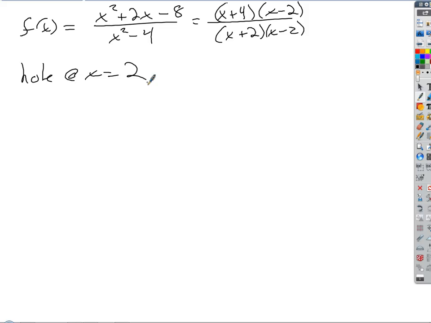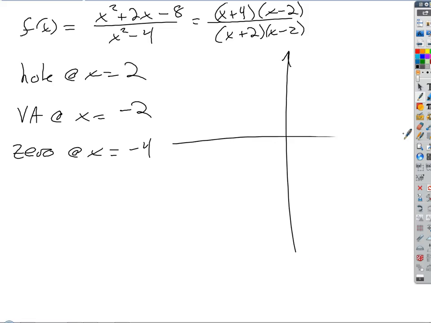So we have a vertical asymptote at x equals -2. And this is just an anchor point for us: we actually have a zero at x equals -4. Not 2, 2's a hole. So that gives us the bones of our sketch.